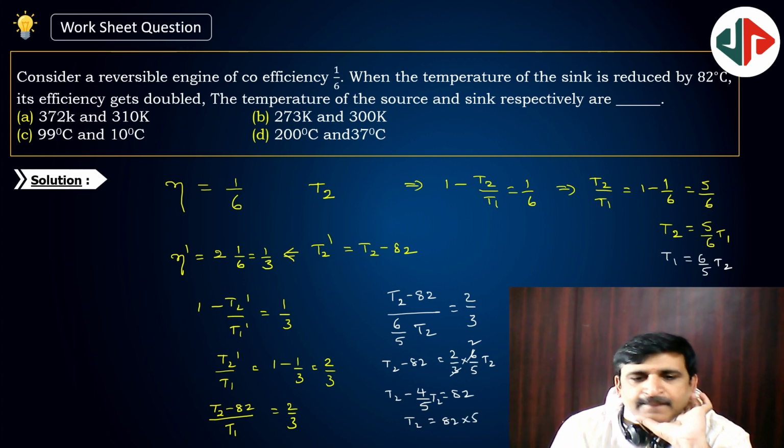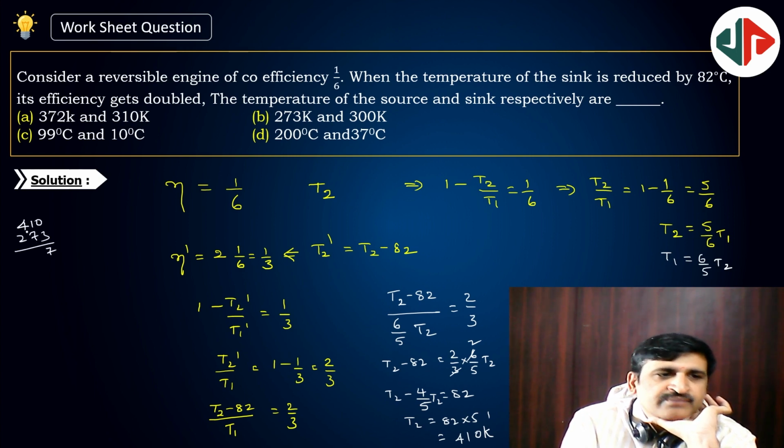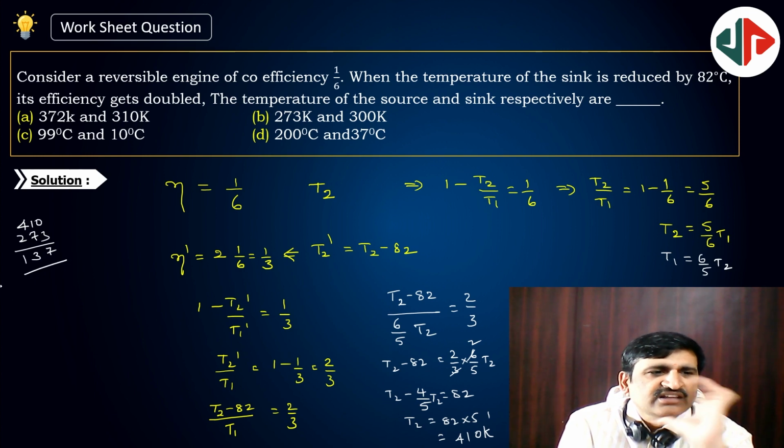How much? 5 twos are 10, 5 eights are 40, 41, 410 Kelvin. It will give you the answer in Kelvin, 410 Kelvin, not in degrees Celsius. So 410 minus 273 is 137, or 37.